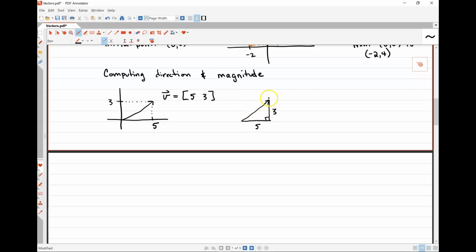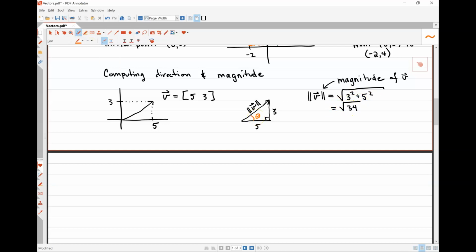We want to compute the length of this arrow. The magnitude of a vector is usually denoted with a double absolute value sign. And to compute that magnitude, all we really need to do is use the Pythagorean theorem. So this tells us that the length of this vector is the square root of 3 squared plus 5 squared. So that's 9 plus 25, square root of 34.